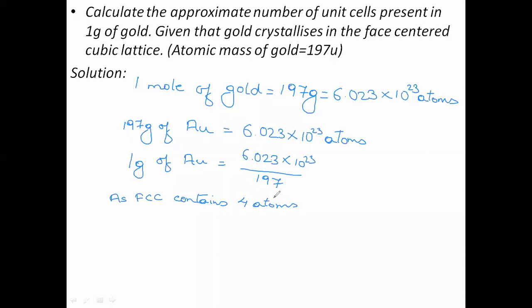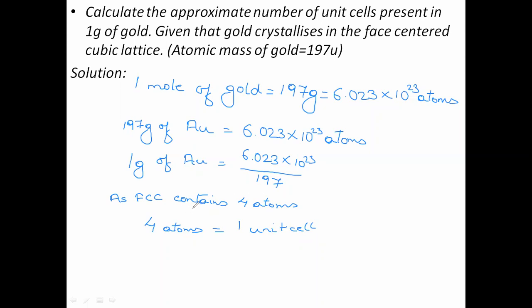Yes, we have learned that one FCC unit cell contains 4 atoms, right? So the number of atoms in one unit cell will be 4. That means 4 atoms will be equal to 1 unit cell. In FCC, 4 atoms are present in 1 unit cell.